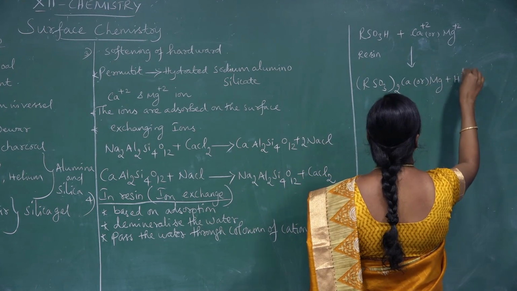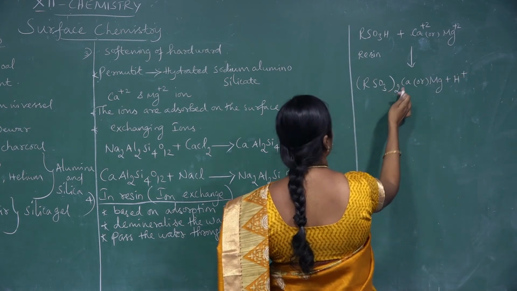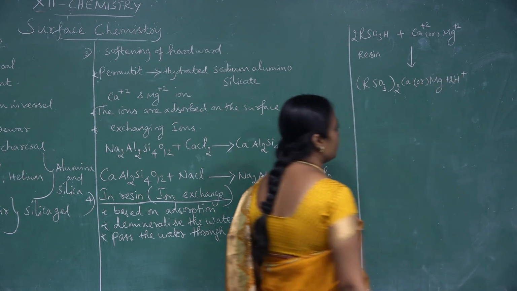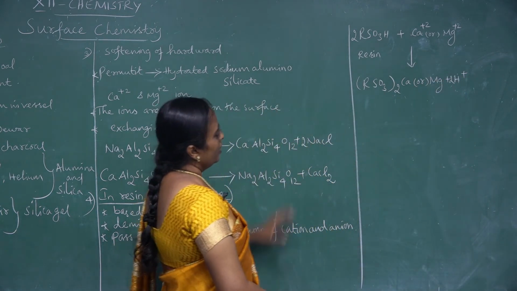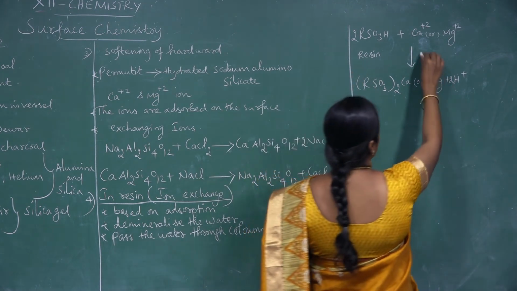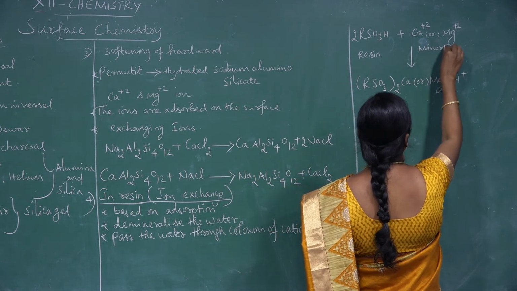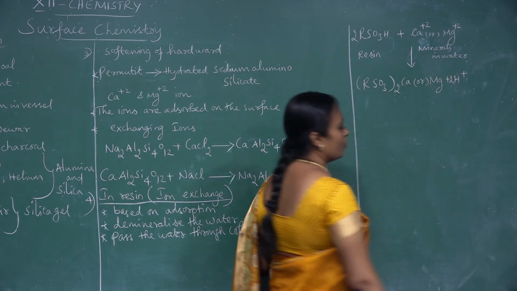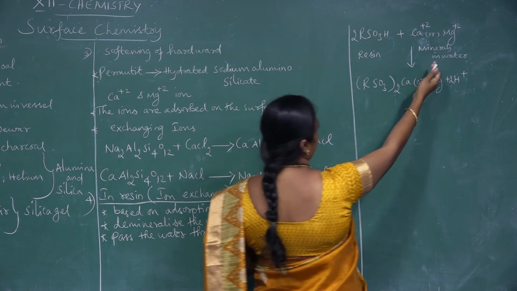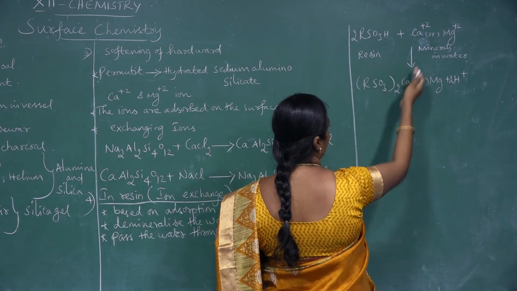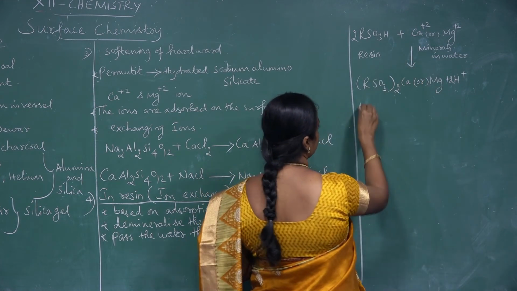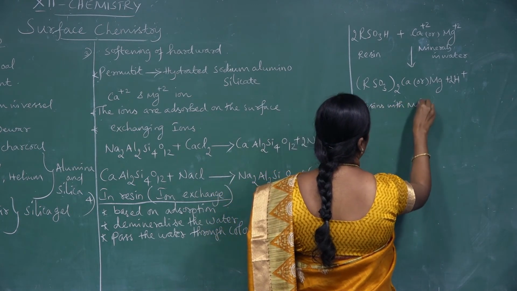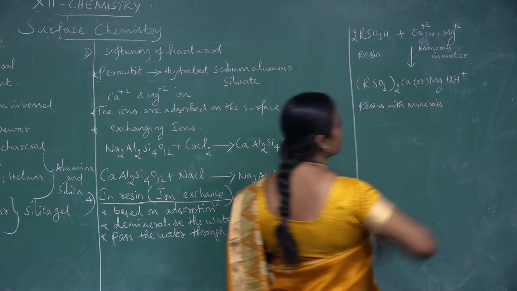Additionally, the H+ will be eliminated. Since this is divalent, put 2 here, and in the same way the elimination of 2H+. So here, this is a resin, and these are minerals in water. The ions of the minerals in water can be exchanged with the resin. This is named resin with the minerals.